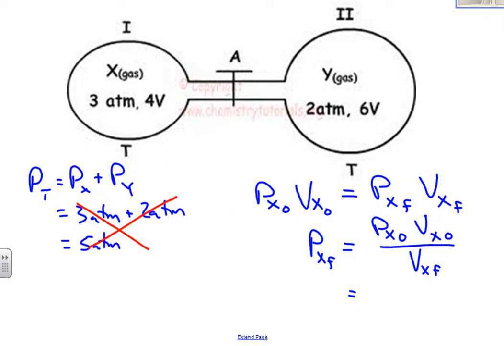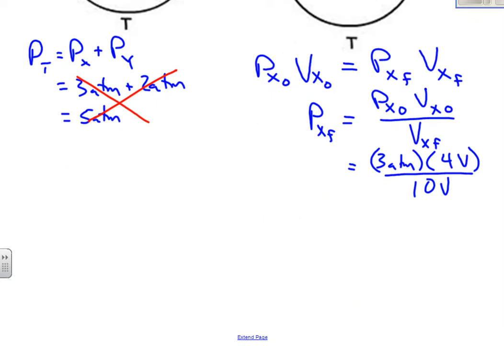We have 3 atmospheres, initial volume of 4 volumes, whatever units they happen to be. Final volume would be 10 total volumes. So we would get a final pressure for the gas X of 1.2 atmospheres.